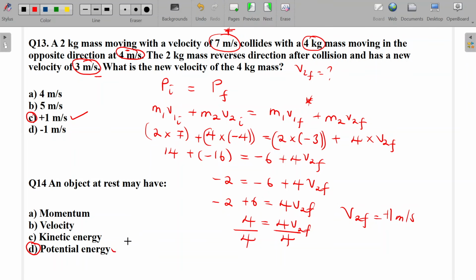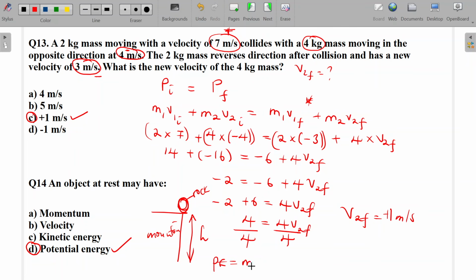Potential energy is the energy an object has at rest. For example, this is a rock on a mountain. This one has potential energy depending on the height.